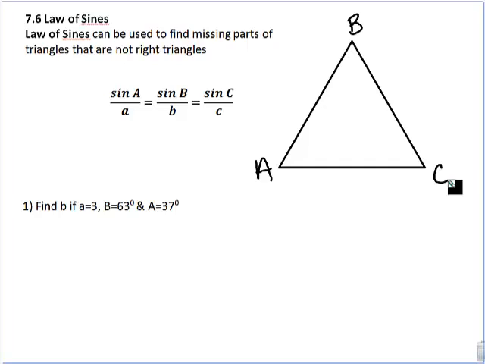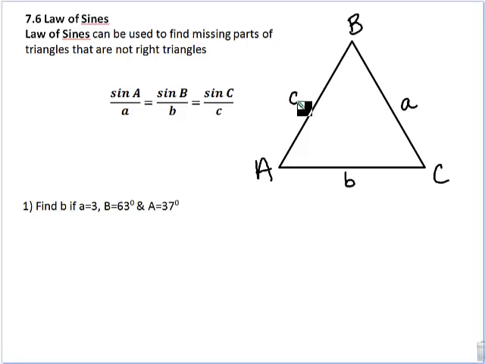It's always across. If this is our angle A, our side a is the one across, the one opposite. So if this is angle B, here's our side b. This is angle C, here's our side c.